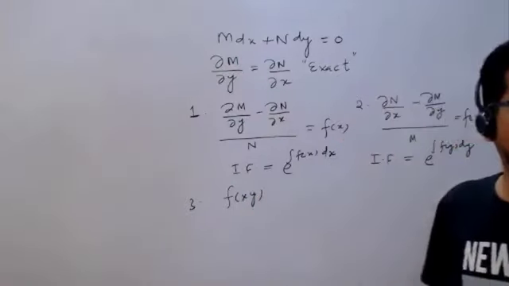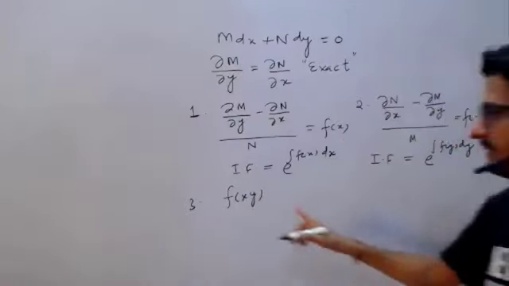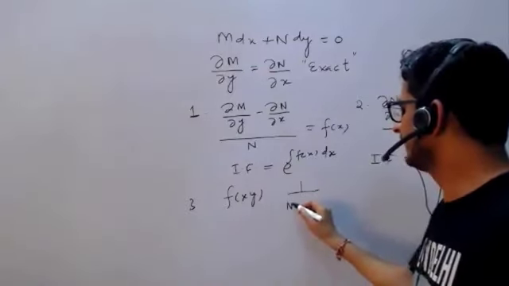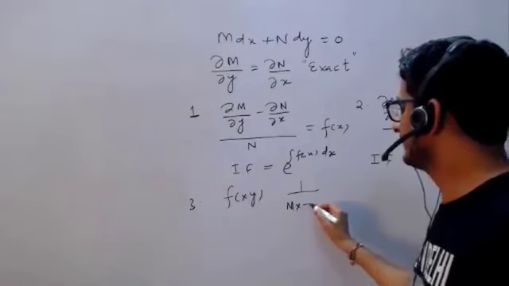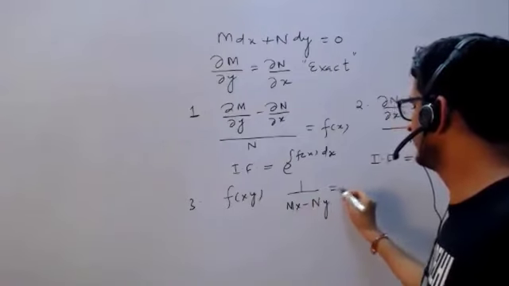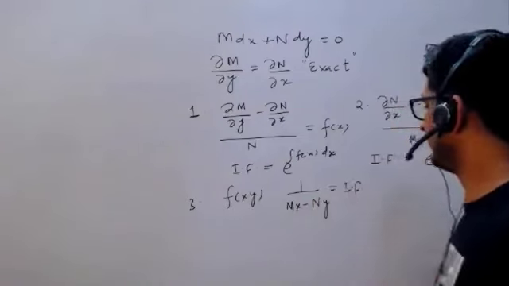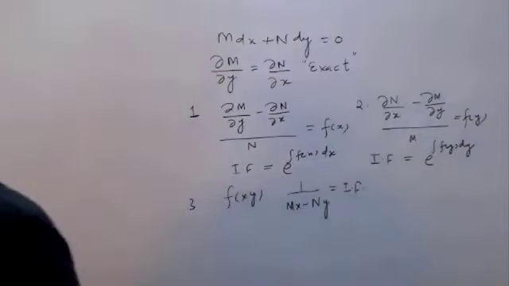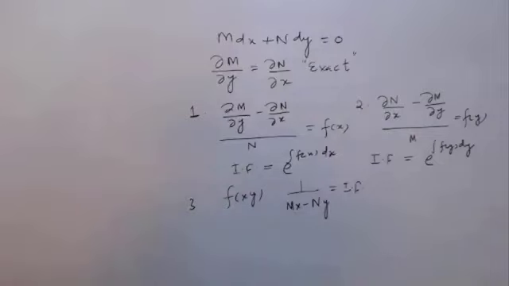It is not x comma y, it is xy. Then 1 over Mx minus Ny is the integrating factor by which you can multiply, and our equation will become exact. So these are three conditions.